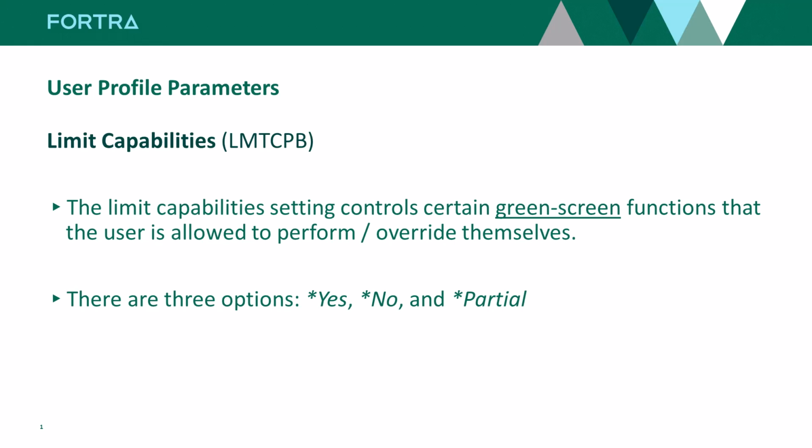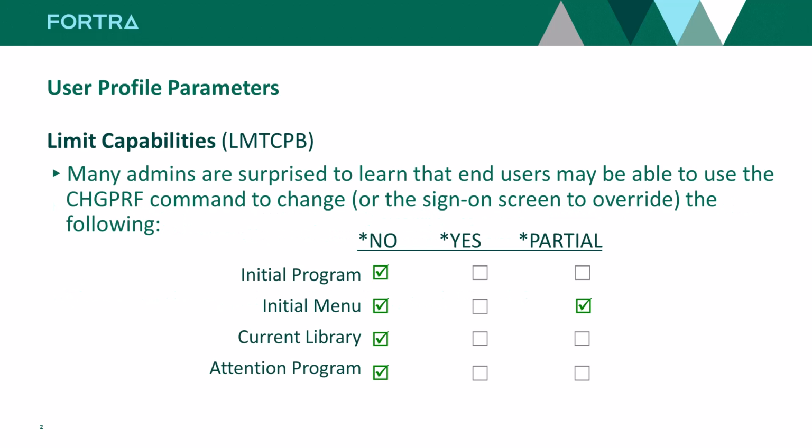Now, not only does command line access grant the user the ability to run commands on the command line, but it also gives users the ability to use the change profile command and override certain attributes. So they can override their initial program, their initial menu, the current library, or their attention program right from the sign-on screen.